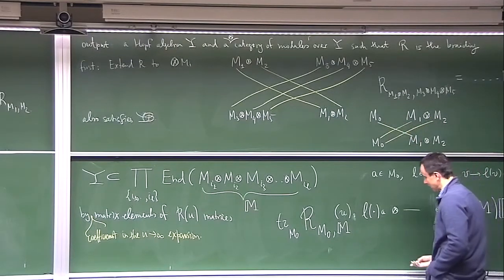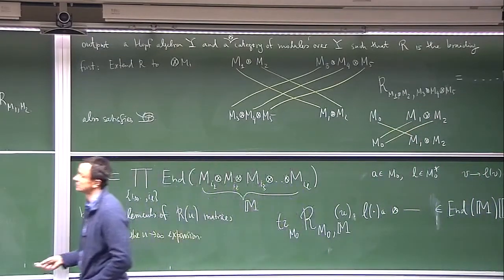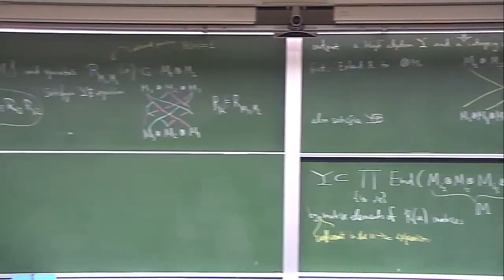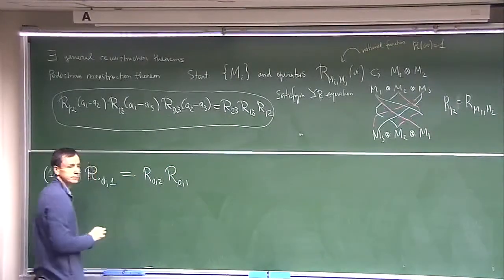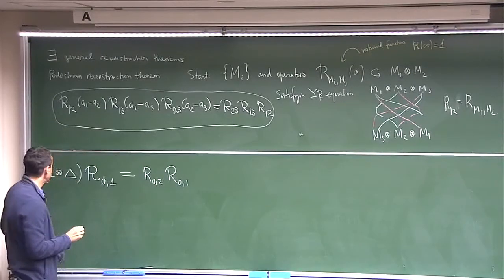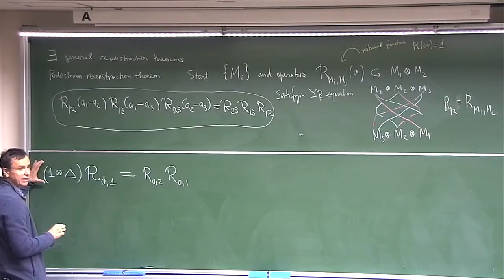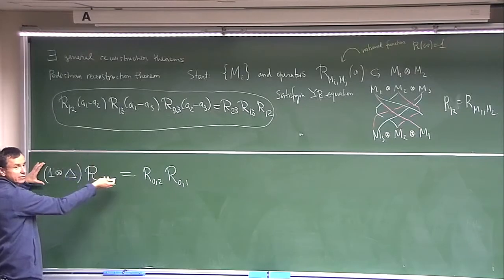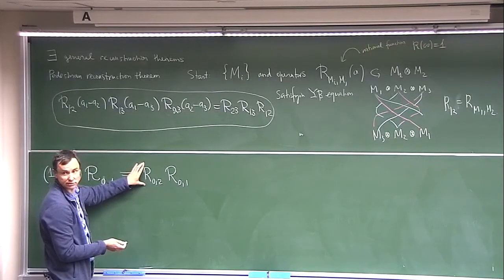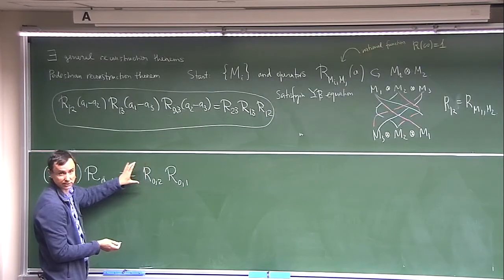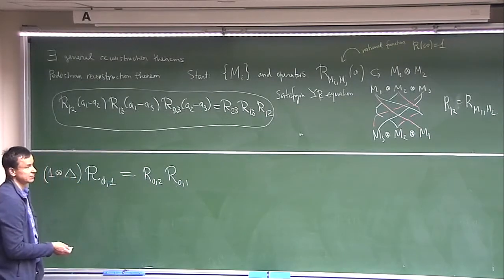So this means that if I take this coproduct, this is 0, 1, 2. If I take the matrix coefficient in the zeroth factor and the coproduct in the second factor, that means I have to take the zeroth coefficient in this expression. That's what it is concretely.